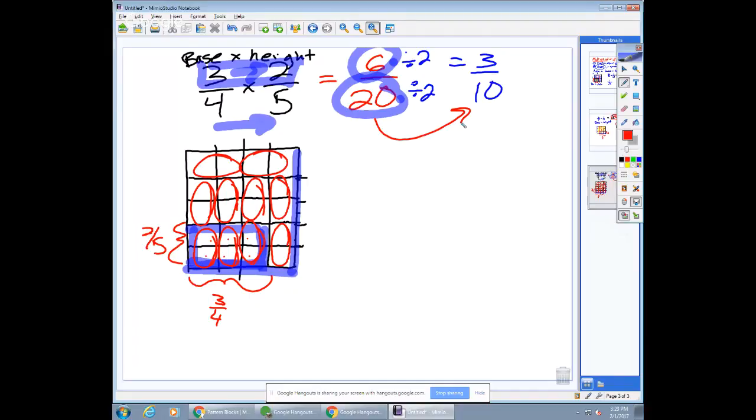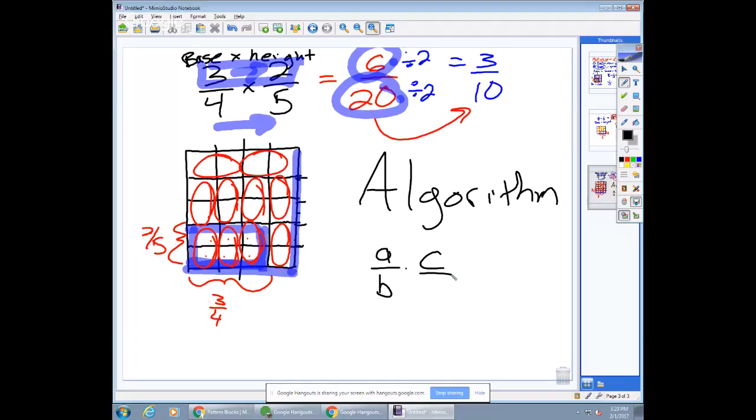So this, like we talked about last week, leads to an algorithm. And the algorithm says if you have 2 fractions, a over b, and you won't use letters with the kids, c over d, then the answer is just the product of the numerators and denominators.